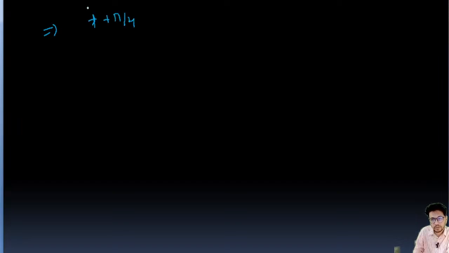So this implies (t plus pi by 4) whole square upon sine square 4t.